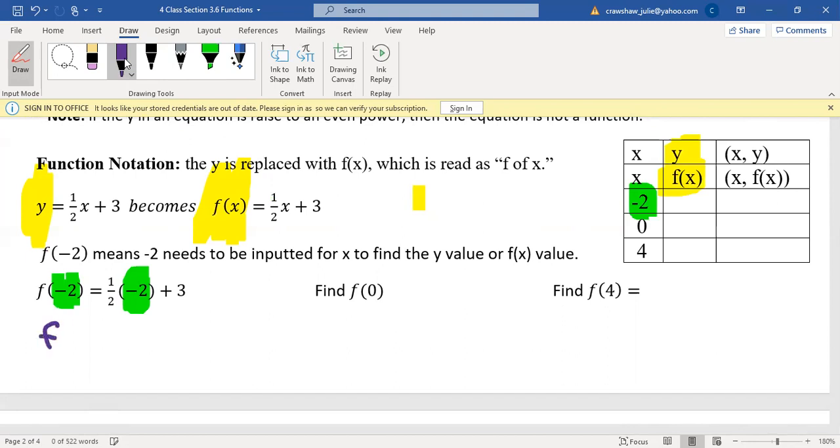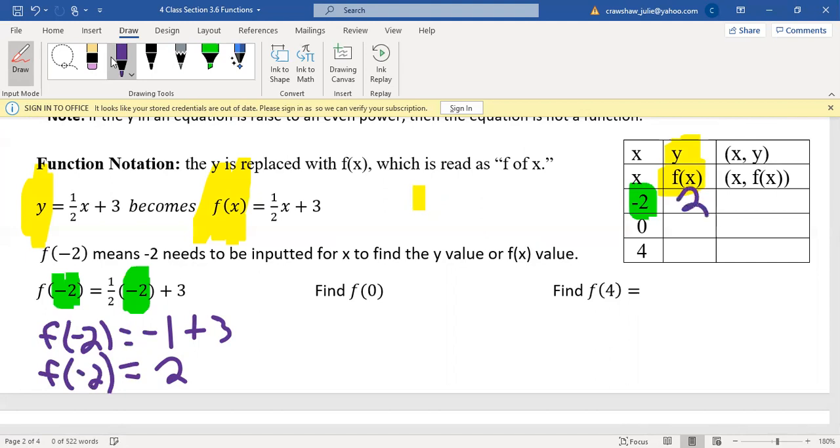I can say, well, f of negative 2 is going to be 1/2 times negative 2 is negative 1, and negative 1 plus 3 is going to be 2. So f of negative 2 is going to be 2. Or in other words, when x is negative 2, my y value is going to be 2.